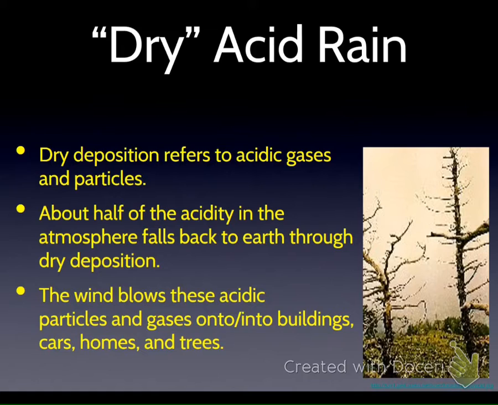Dry, on the other hand, is when the acidity gets on particles. They land on something. They may just sit there for a while, but if, for example, the needle of the pine tree is moist, the acidity will go in at that location.